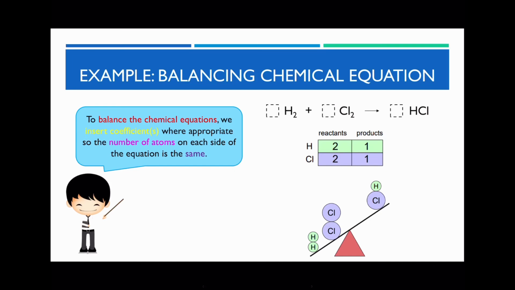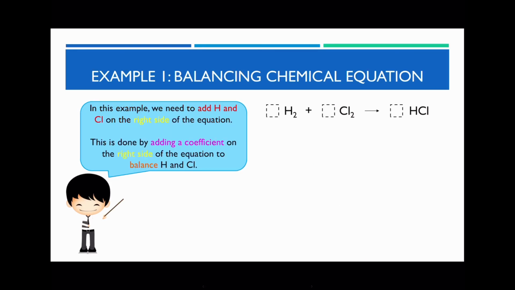So you need to add a number in front of a certain chemical formula so that the atoms are the same. We can clearly see that on the products side, there's one hydrogen less and one chlorine less. So we need to make sure that the numbers on both sides of the equation are the same. The way that we can do that is to add a 2 in front of the HCl.